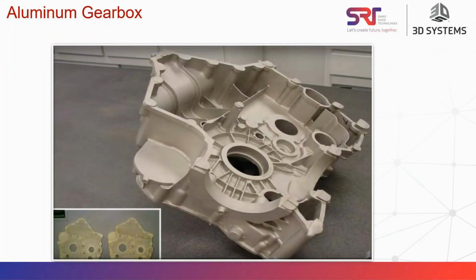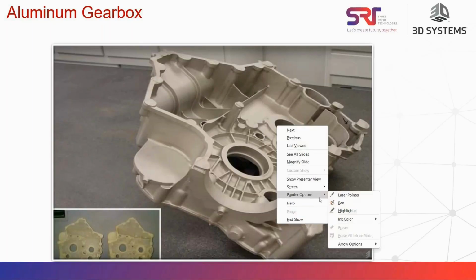This is one example of a part cast using QuickCast. It's an aluminum gear part for a Formula 1 vehicle. You can see this is something around a 50 mm part. You can see the wall thickness of 1 or 2 mm, which I'm just pointing out.